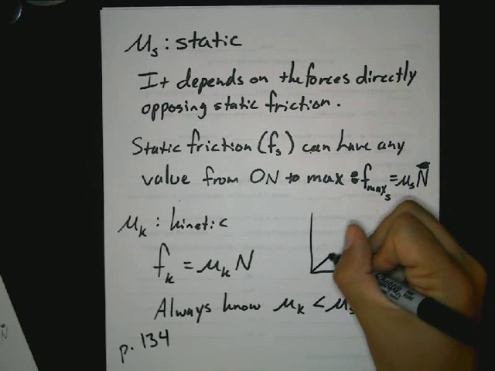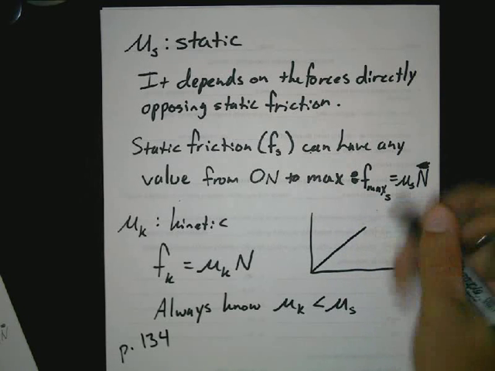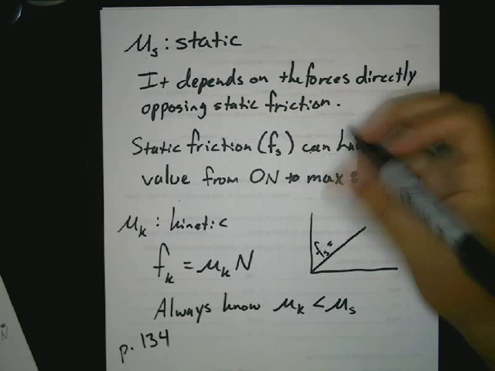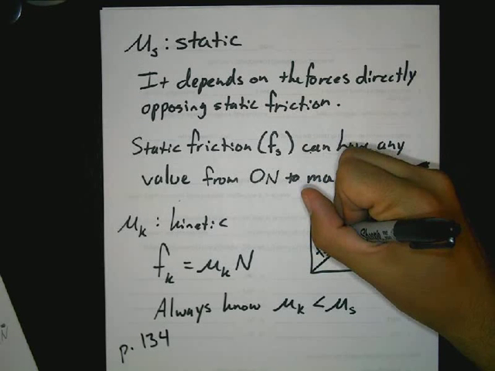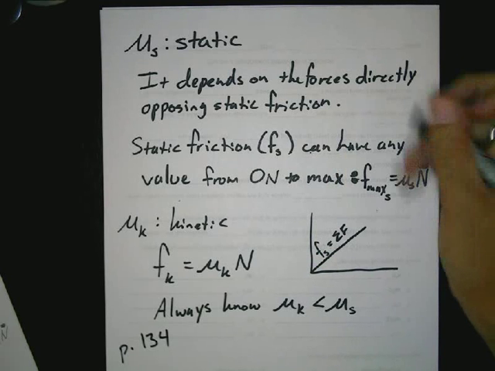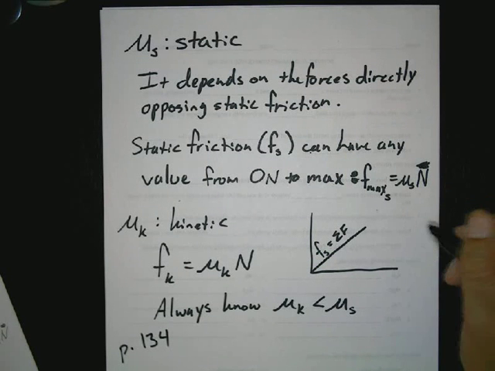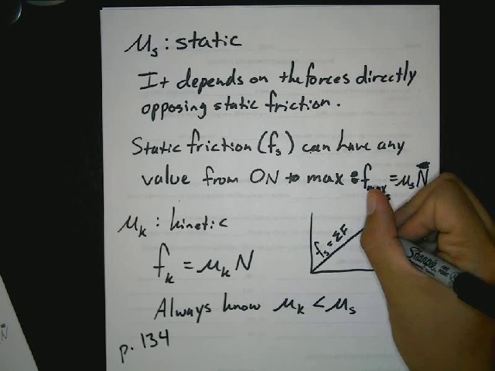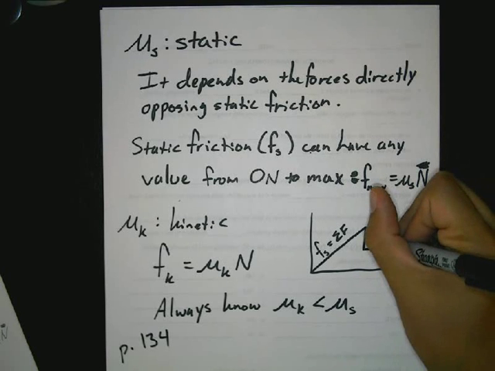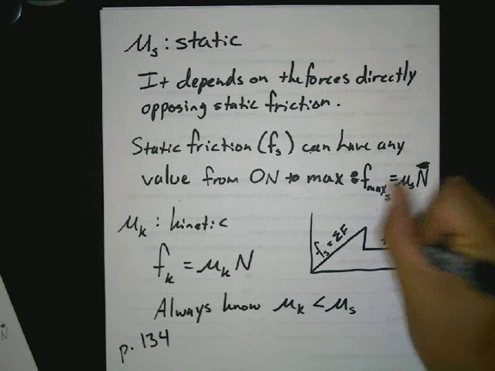Here we have our increasing value, and this is Fs, equal to the sum of all the other forces acting against it. And then it'll suddenly drop down, and that will be our force of kinetic friction.